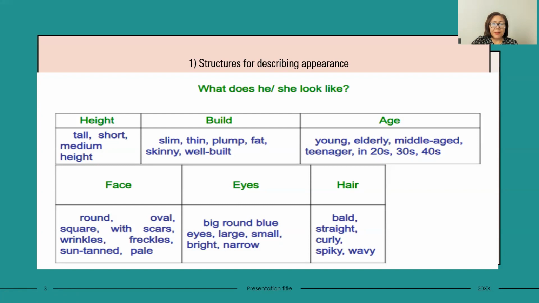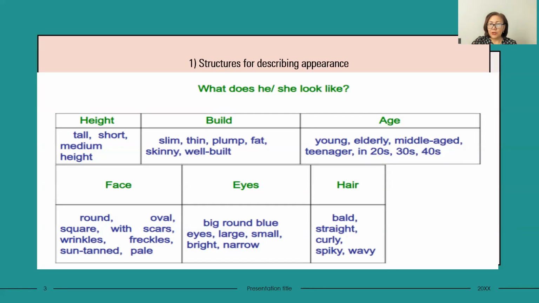For example, in describing the height, you can use the adjectives like tall, short, medium height. In describing the build, you can use the adjectives like slim, thin, plump, fat, skinny, well built. And if you wanted to describe the age of the person, you can use the adjectives like young, elderly, middle-aged, teenager, in 20s, 30s, and 40s.